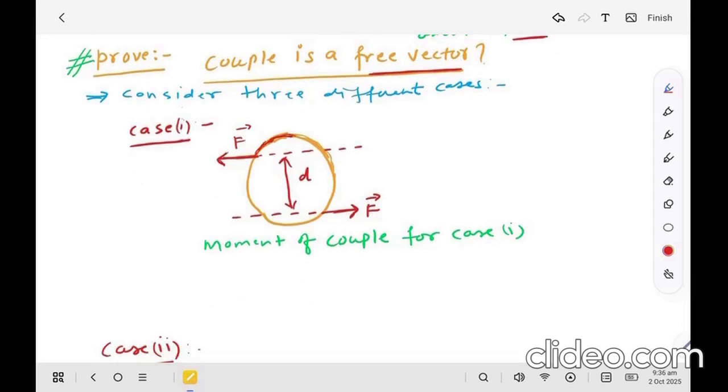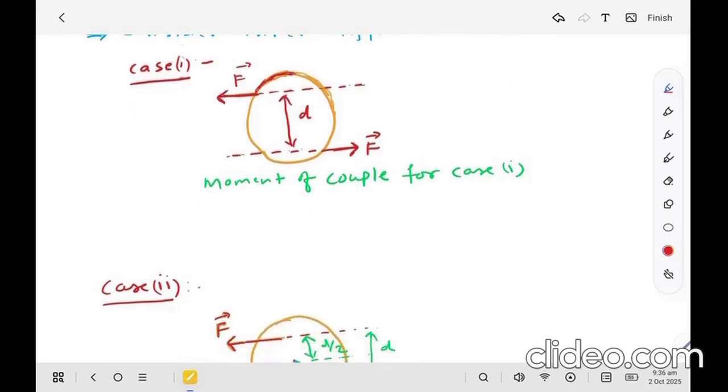The magnitude of the force is F, and if I draw the line of action of both forces, the perpendicular distance between both forces is D. Now I can write the formula for the magnitude of the moment of the couple in this case.